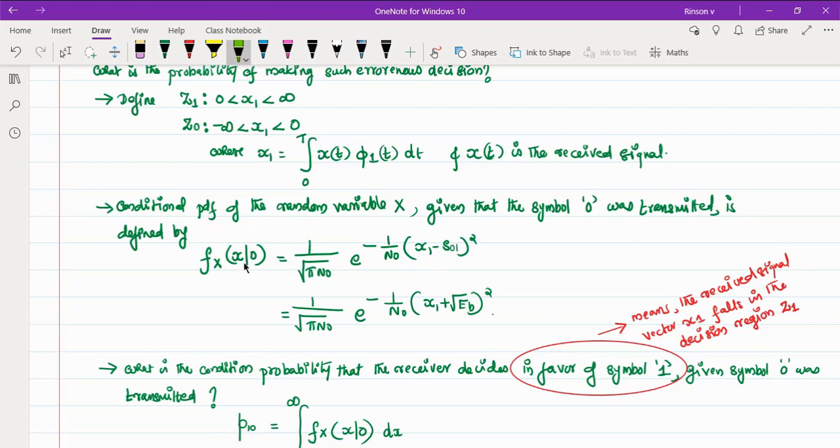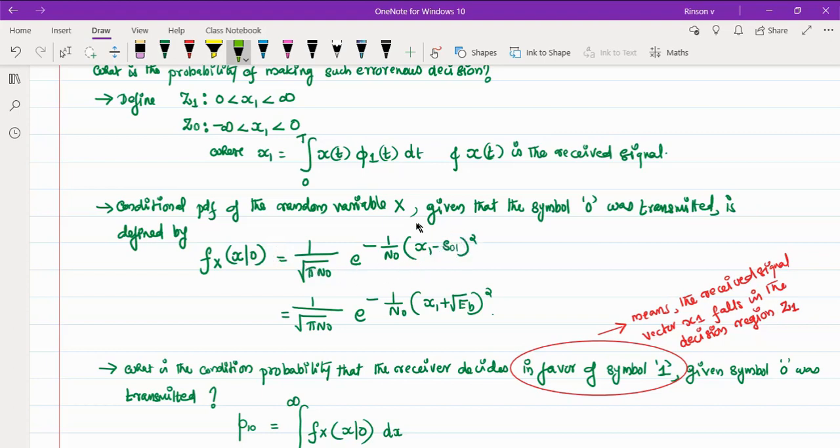So I have transmitted 0. Then what is the distribution of x? That's what this conditional PDF says. If I am transmitting 0, that is S0(t), then the expectation of the random variable x is s01.